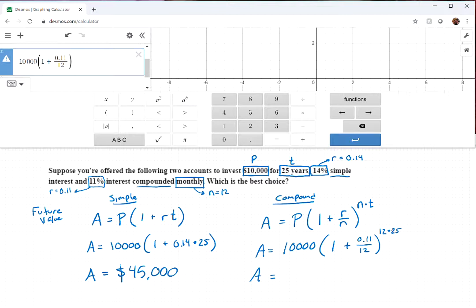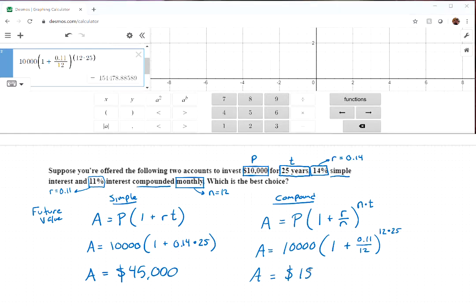Now with the exponent, we'll need to put that in parentheses. 12 times 25. And as you can see, it is a quite different number, 154,478. And if we round this to the nearest penny, it will be 89 cents.